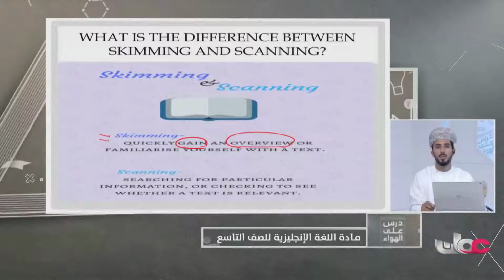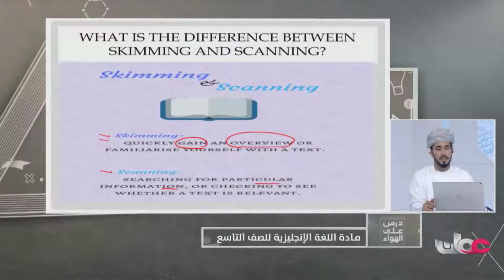You read quickly, you gain the most important information. You familiarize yourself with the text in general, so you don't dig in depth in the text. So this is skimming. And scanning is searching for particular information.